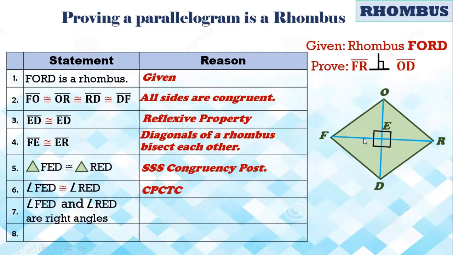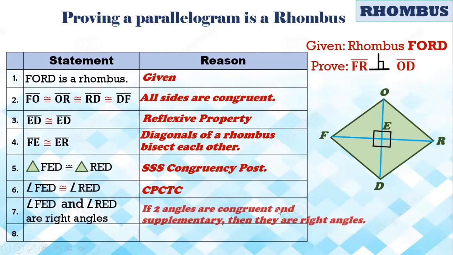You see this line? The measurement of this angle is actually 180 degrees. Since FED and RED are congruent, and the total is 180 degrees, therefore they have 90-degree angle each.